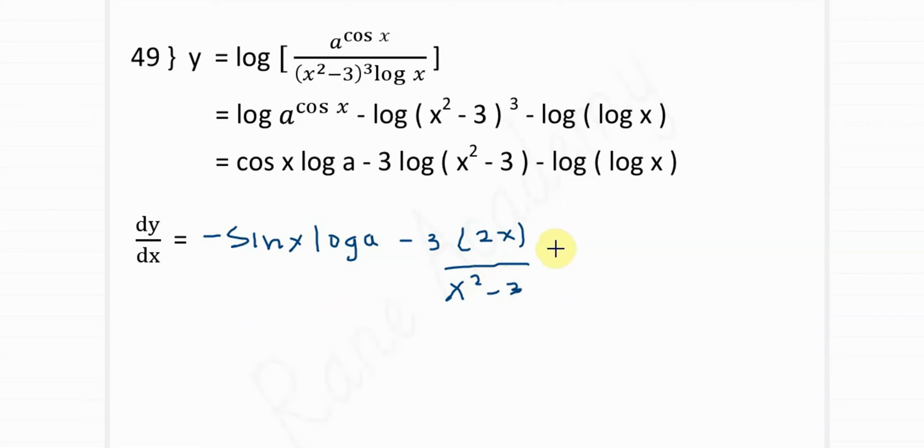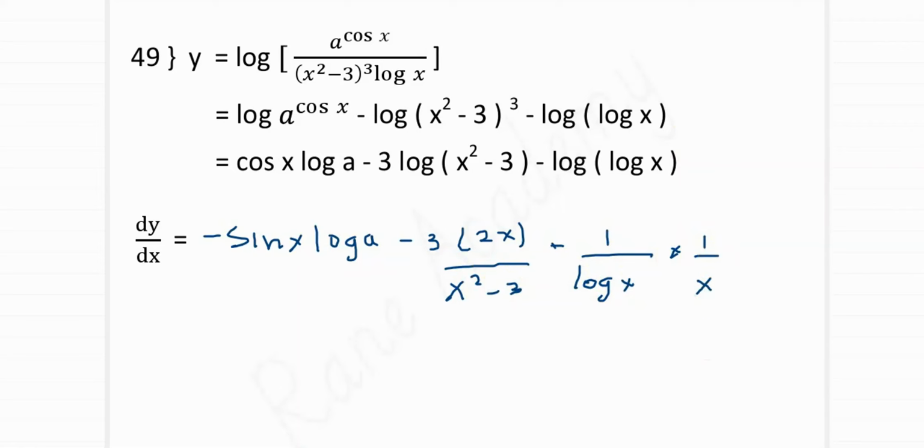And here we have minus log of log x, which is 1 upon log x, and further we differentiate log x, which gives 1 upon x, and hence we get our answer.